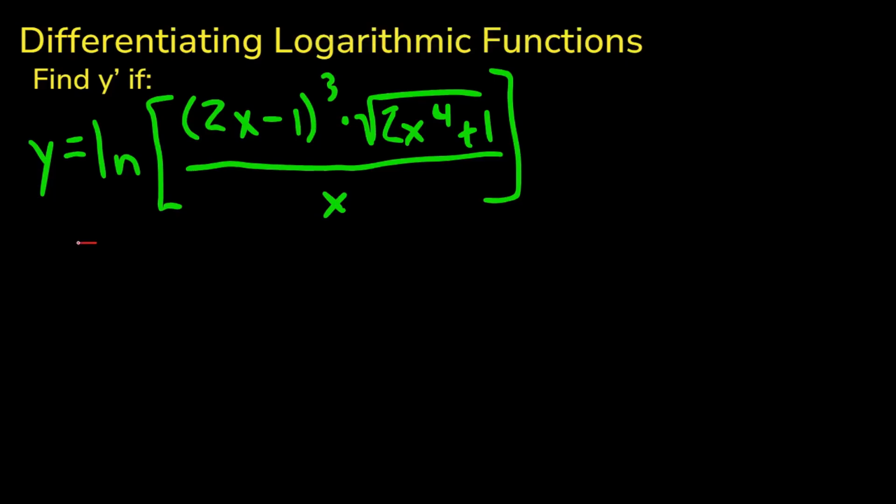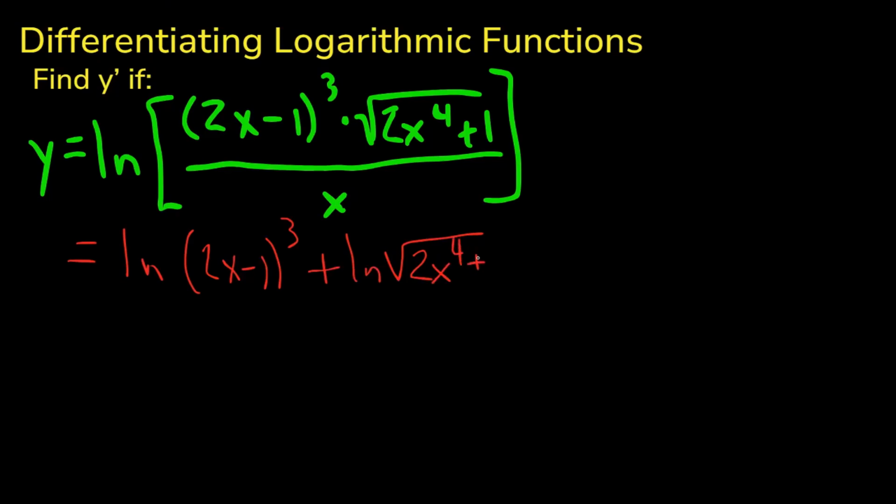So not doing any calculus yet, the numerator, since it's a product, can be written as natural log of (2x minus 1) cubed plus natural log of the square root of (2x to the 4th plus 1), minus natural log x.